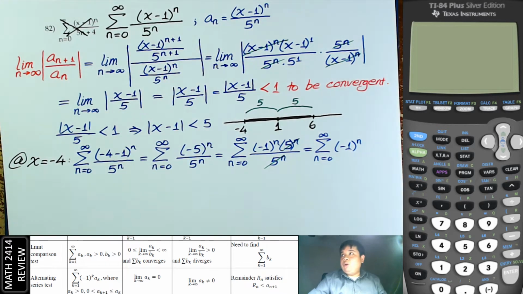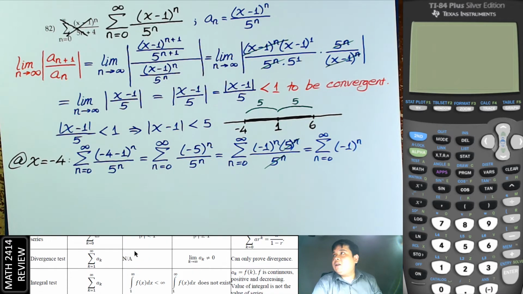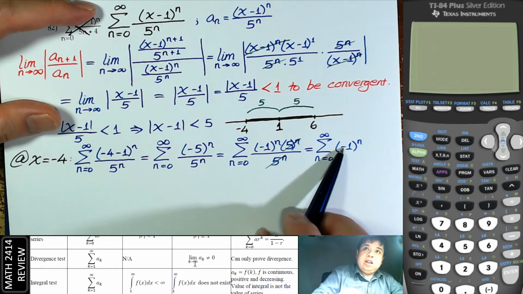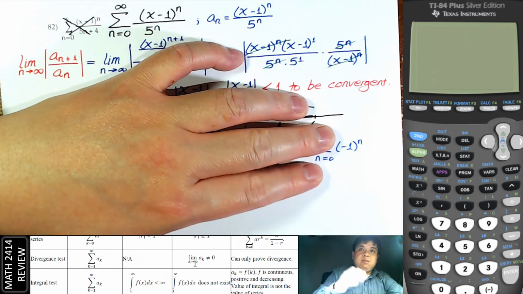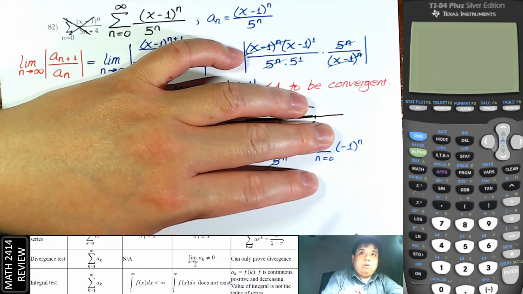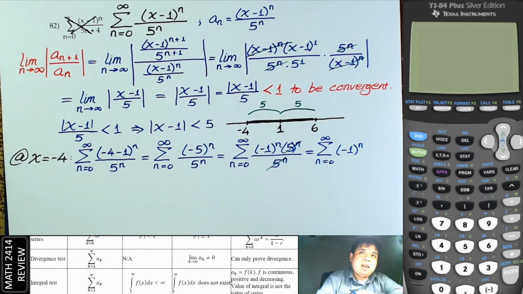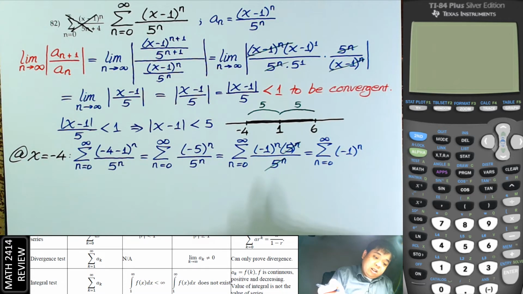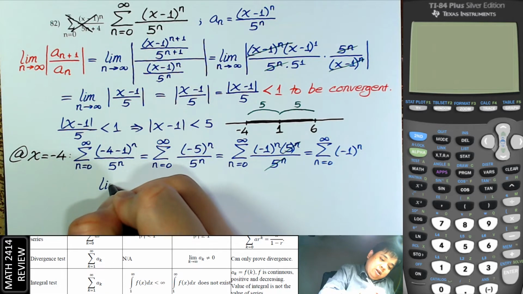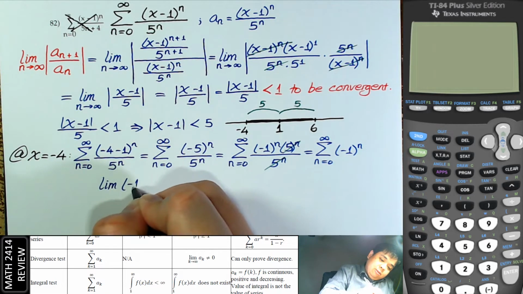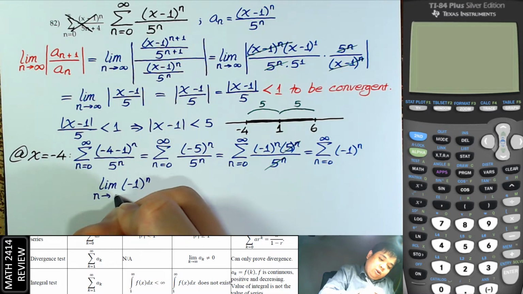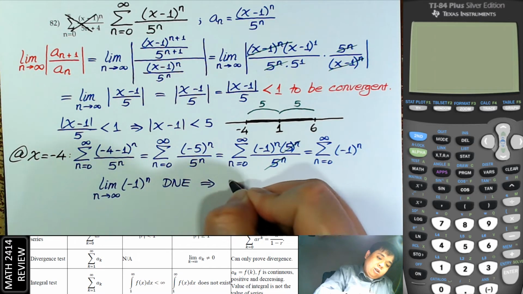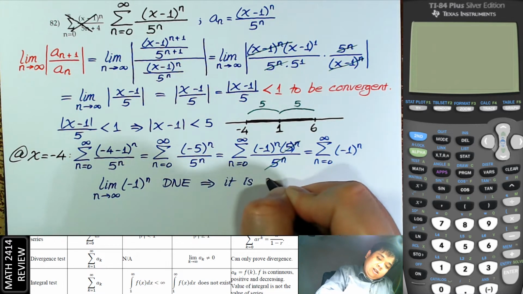And for this we will use the divergence test, because as n goes to infinity, the term does not go to 0. If the term does not go to 0, it cannot be convergent. Of course you can use the alternating series test as well, because this is alternating and that does not go to 0 either, so it is divergent. So the limit of that term as n goes to infinity does not exist, meaning divergent.